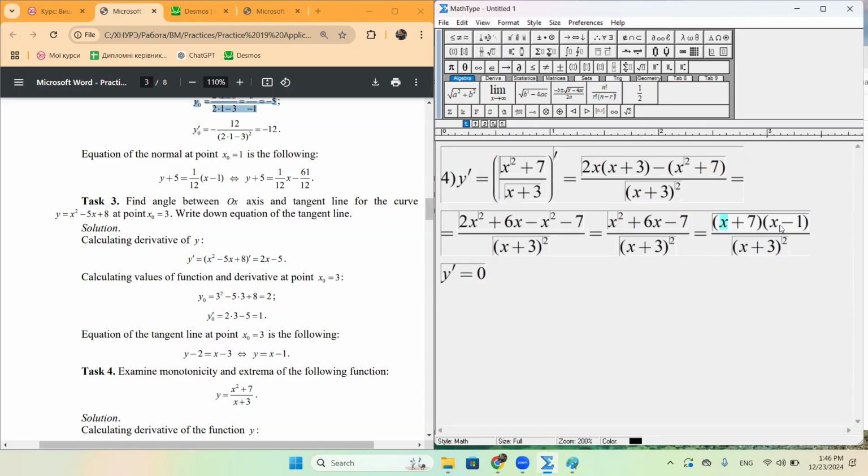So x squared, minus 7, and then 7x minus x. Now correct, so we factorized it. At which points does y prime equal 0? It equals 0 at point minus 7 and at point 1. And y prime at minus 3 doesn't exist.